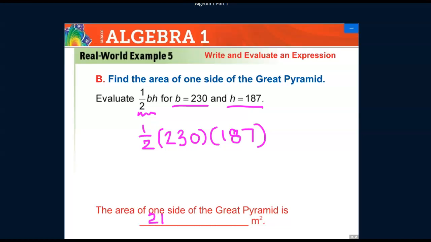Okay, did anybody's answer start with 21? Awesome. That's what I got. Do you realize that's one side? There are 4 sides with an area of that. Do you realize how big that is?